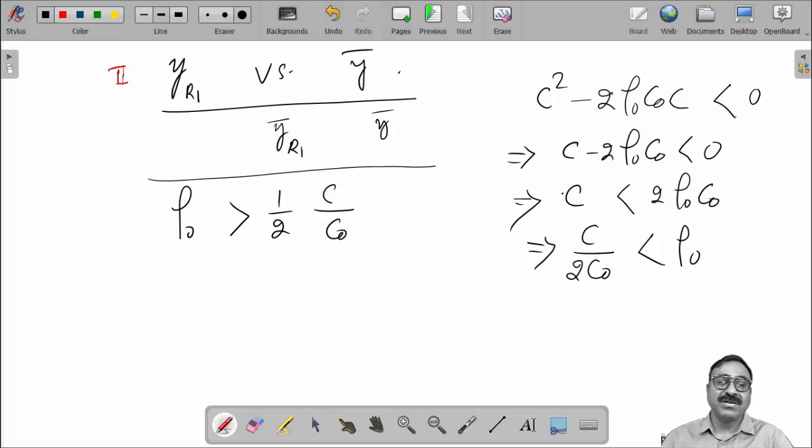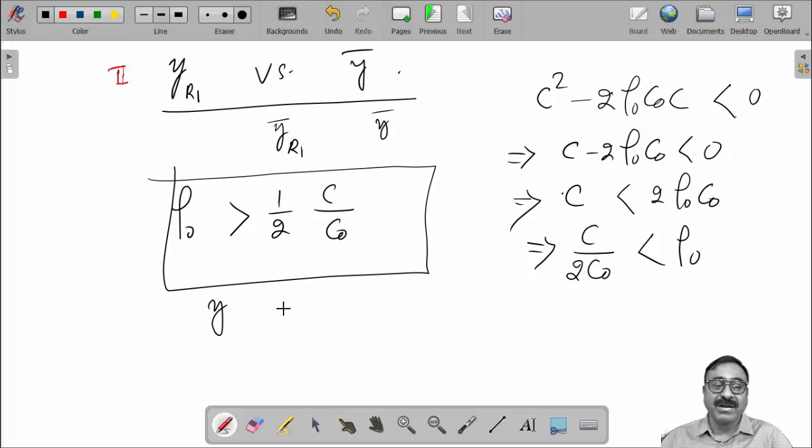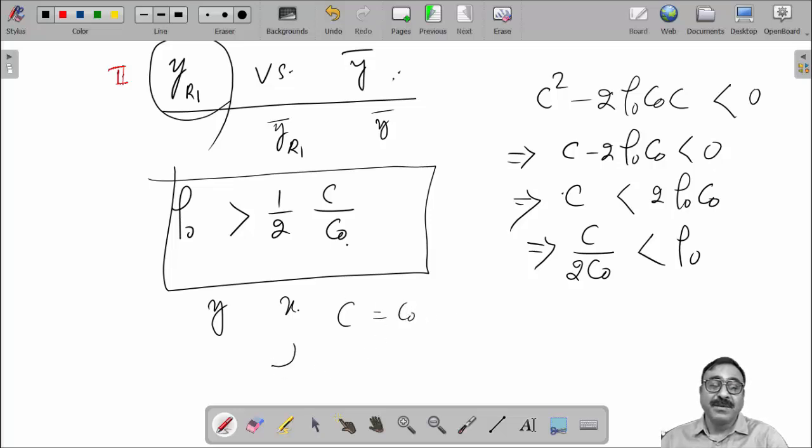That means when this condition is satisfied, that is, the correlation between the study variable y and the auxiliary variable x1 is greater than 1 by 2 C by C0, then this ratio estimator is preferred to the simple mean estimator y bar. So when C equals C0, then if rho 0 is greater than half, we prefer the ratio estimator.